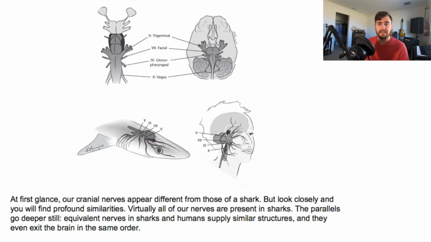If you look at the brains of humans and sharks, our brain is of course much bigger, we are more intelligent, but if you actually look at the number of nerves and what their job in the body is, I don't know what the trigeminal nerve does, but the facial nerve, it connects around your face, right? The glossopharyngeal, that would go sort of to the back of your throat. The vagus nerve, I don't remember where that goes.